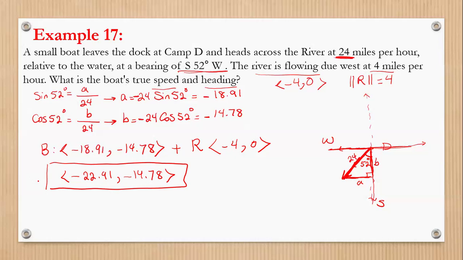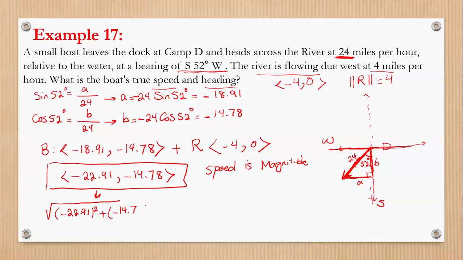Now after finding the vector for the boat, I need to find the true speed. And I know the speed is the magnitude of the vector. So remember that the speed is the magnitude of the vector. How do we find the magnitude for this vector? Square root of a squared plus b squared.